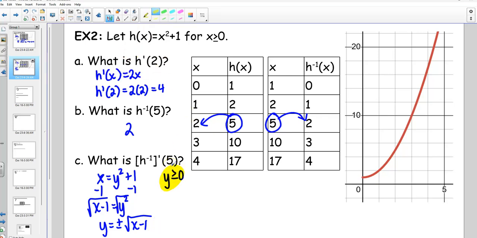Y has to be greater than or equal to 0. So what does that tell you about what you should do right here with this plus or minus? It really can't be the minus, right? Because of the restriction that we have. So our h inverse of x is going to be positive square root of x minus 1.